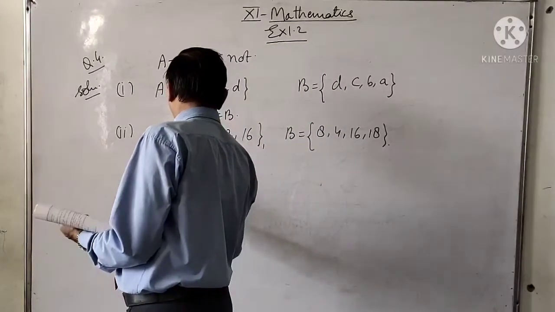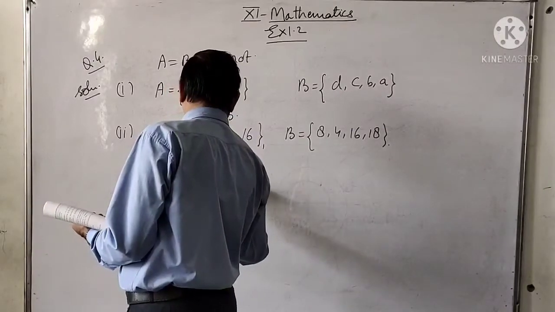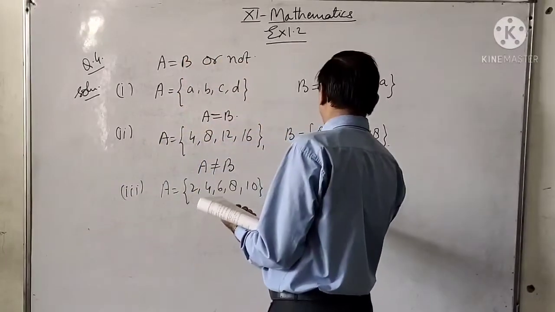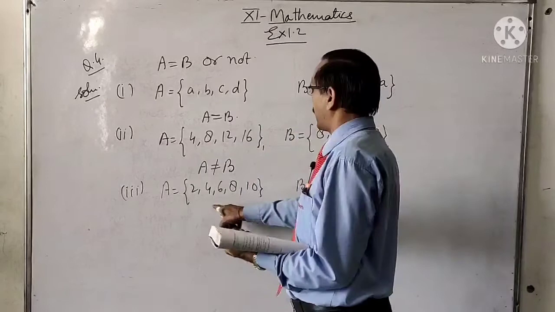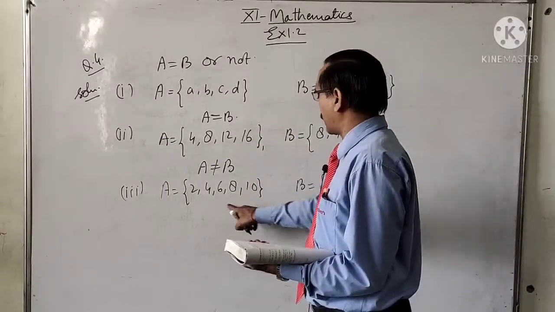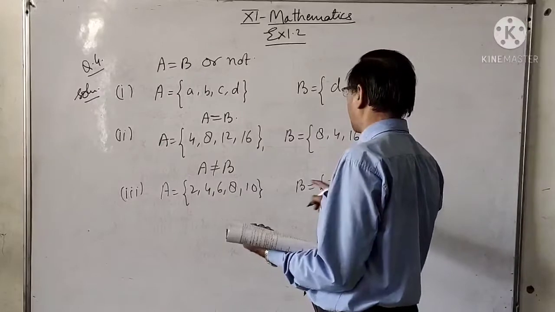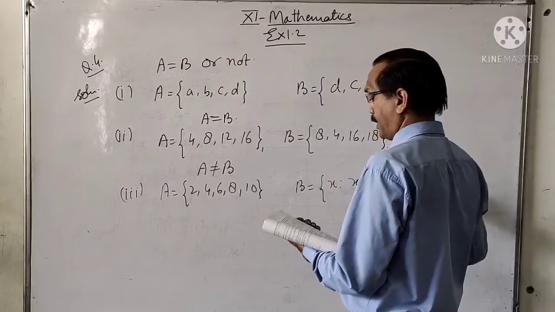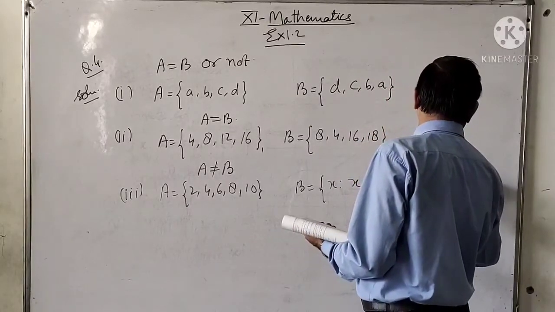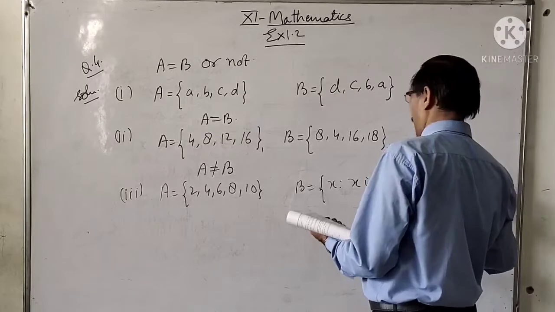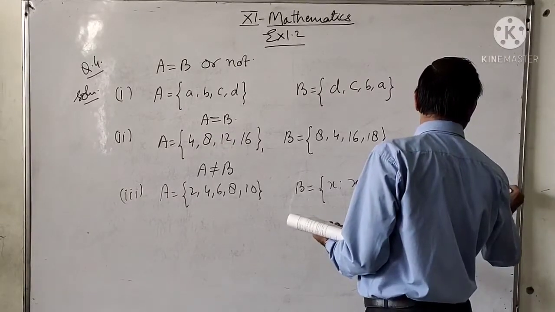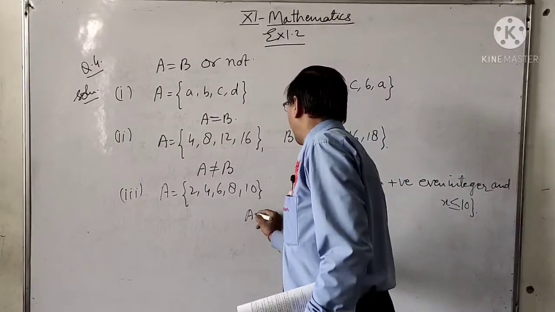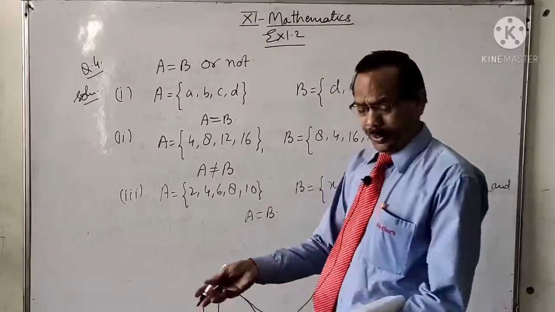A is the roster form, and this is the set builder form of the same set. So A equal to B.